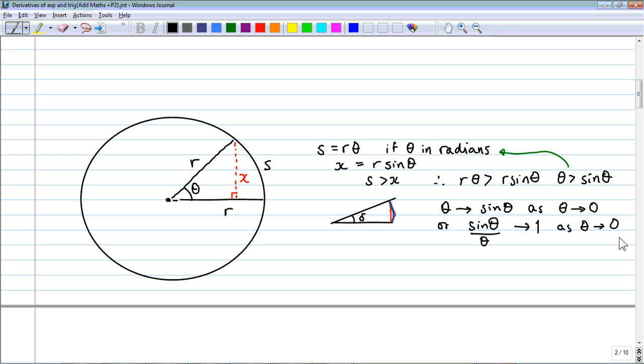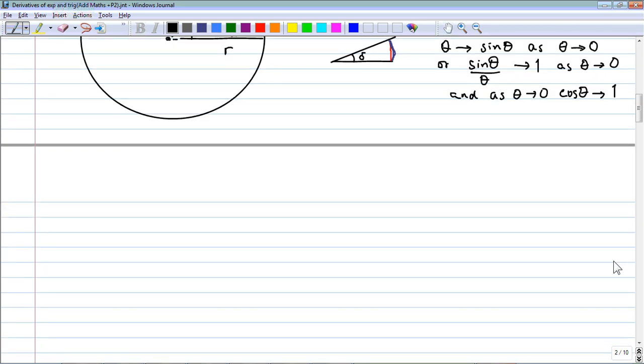Now we also know that as theta tends to 0, cos theta doesn't tend to 0 but just tends to 1, doesn't it? So we're going to use that fact. Now let me show you the working out of the formula. The formula is based on the principle of taking limits.